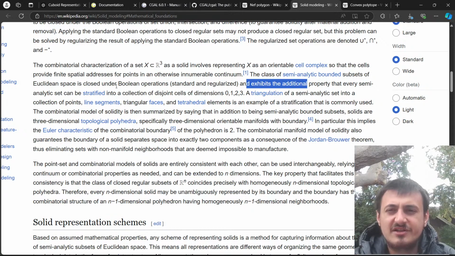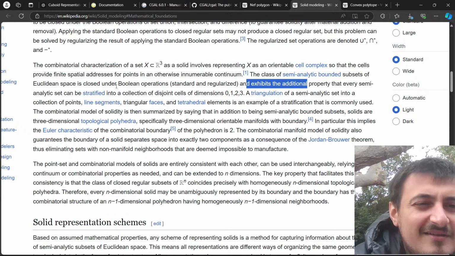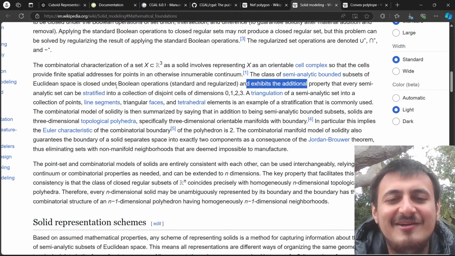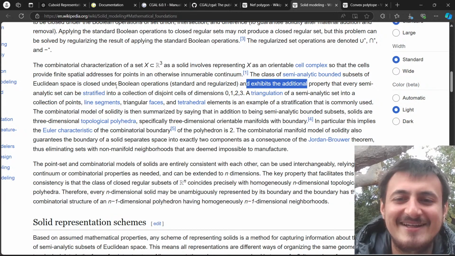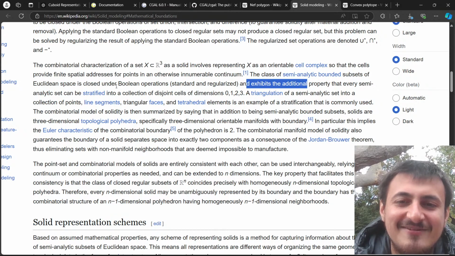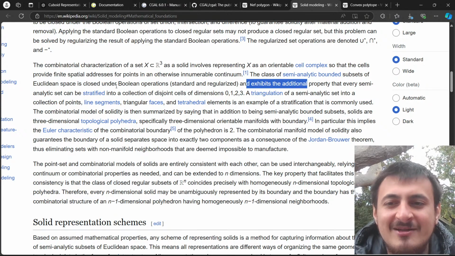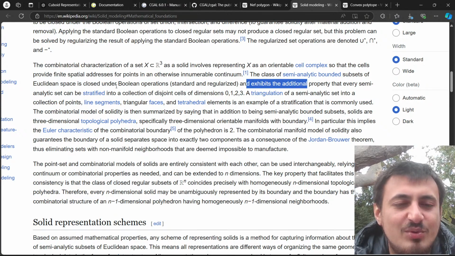A triangulation of a semi-analytic set, dude, actually though, the underpinnings are so beautiful and simple, and it's just the software that is all tangled. A triangulation of a semi-analytic set into a collection of points, line segments, triangular faces, and tetrahedral elements is an example of a stratification that is commonly used.